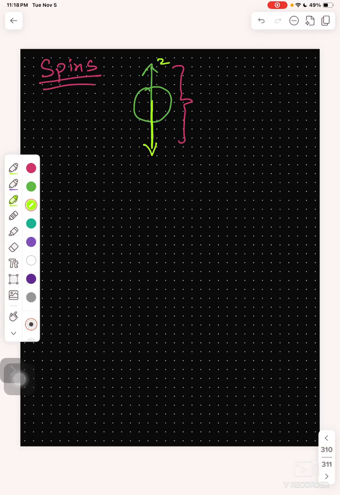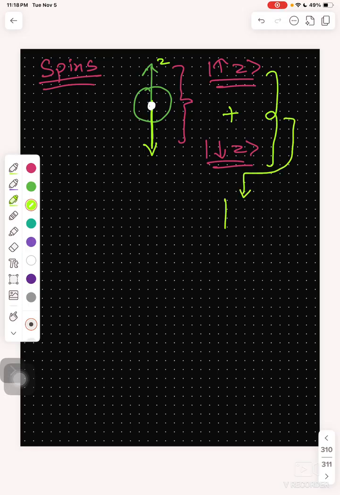We say this particle is spinning both in the up direction plus the bottom direction. So in a superposition state, this is what a superposition state is.